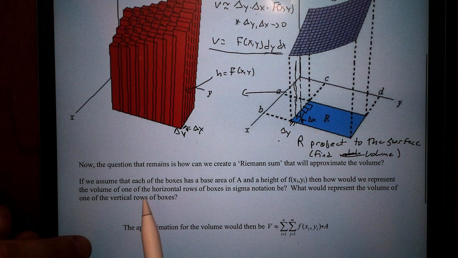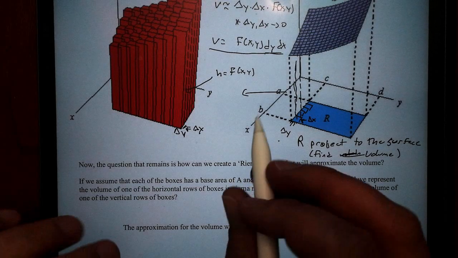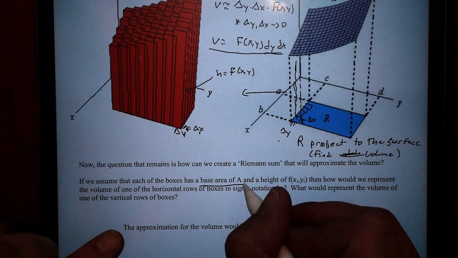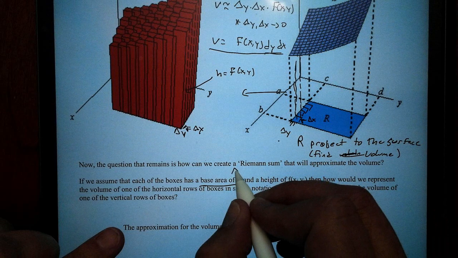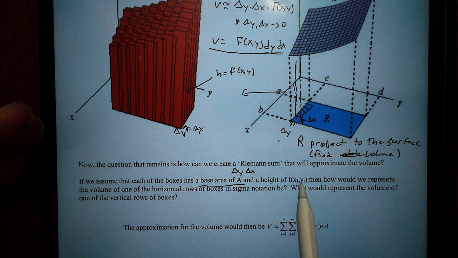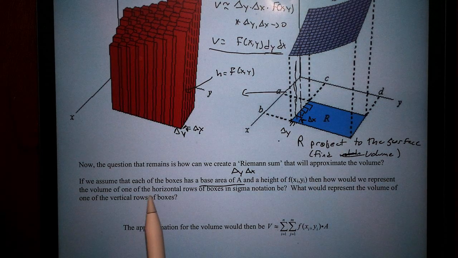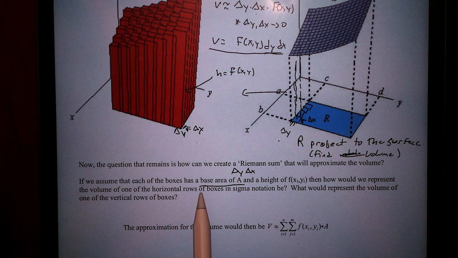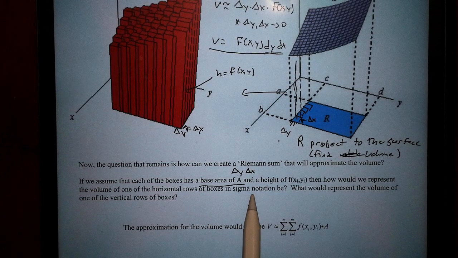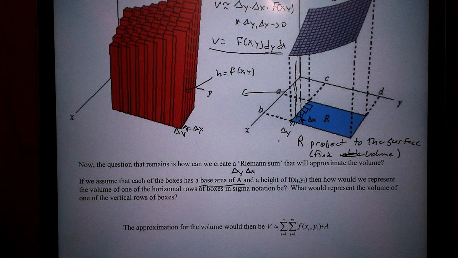If we assume that each of the boxes has a base area of A, well, A is just our delta y times delta x, with the height of f of x, y. Then how would we represent the volume of one of the horizontal rows of boxes in sigma notation? What would represent the volume of one of the vertical rows of boxes?